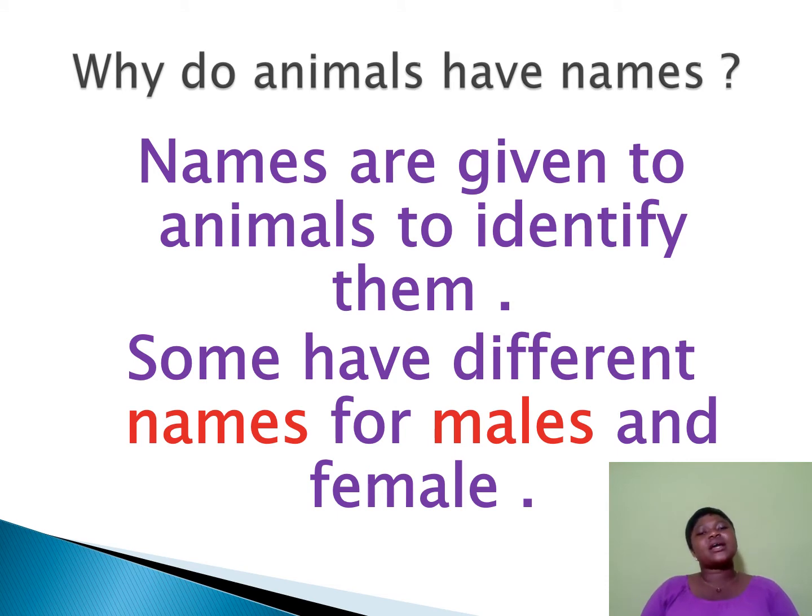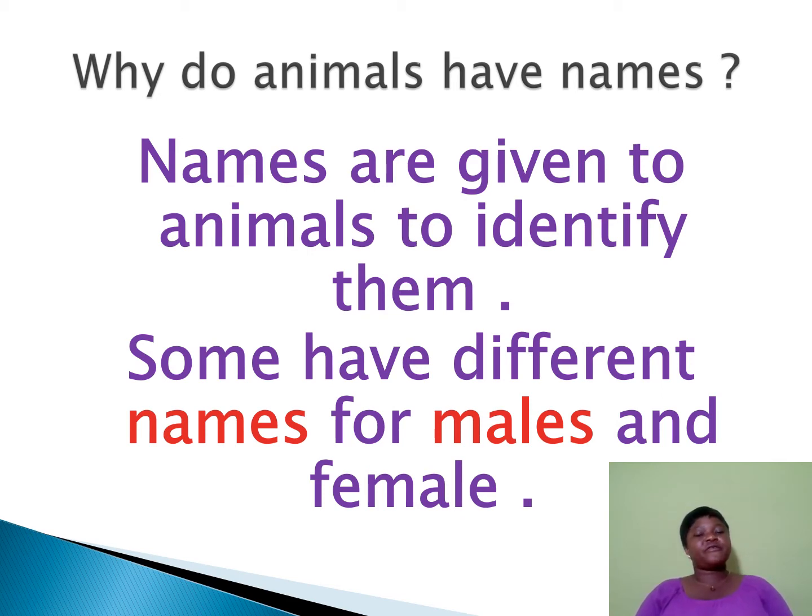So why do animals have names? Can you think about this? The reason why animals have names? Let's think about it. Names are given to animals to identify them. We give names to animals to do what? To be able to identify them. And some have different names for males and females.